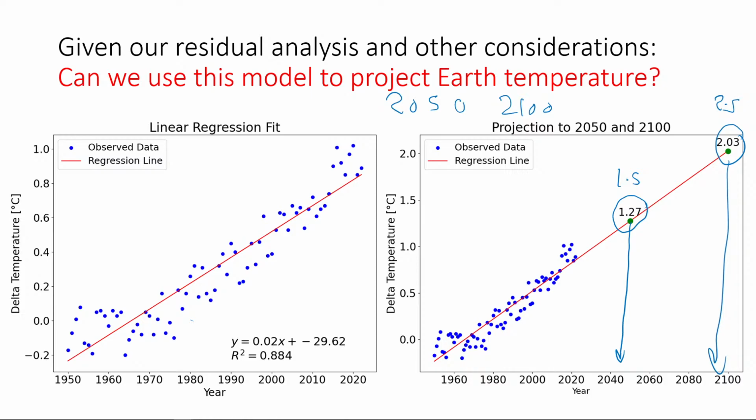Even though we have a very good R squared, which means that time really explains my dependent variable, the change of temperature, a linear model might not be the best choice if you want to project the current trend to the future, like mid-century, because there could be a non-linear relationship, some non-linearity that we need to account for.